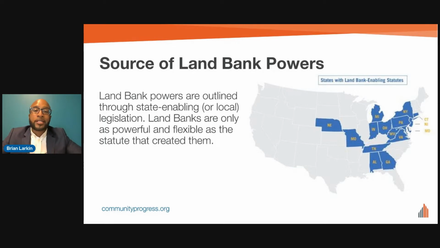There are different ways in which we've supported communities, and of the states that have enabling legislation, all have received some sort of support and interaction from the Center for Community Progress, whether it's outright helping them draft the legislation from beginning and ushering it through the process, engaging with local leaders, supporting those who are doing the drafting, or sharing some of our information on how it best can be created. Identifying what enabling legislation exists in your state is the first place to start when identifying whether or not you can do land banking right now and what powers your land bank may have.